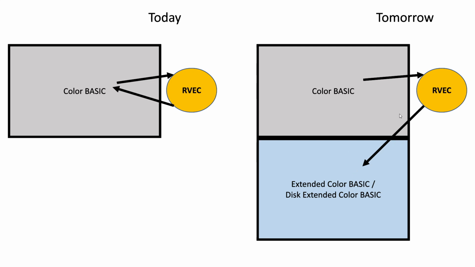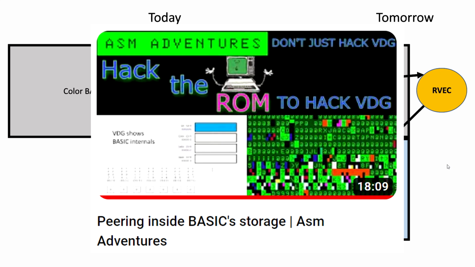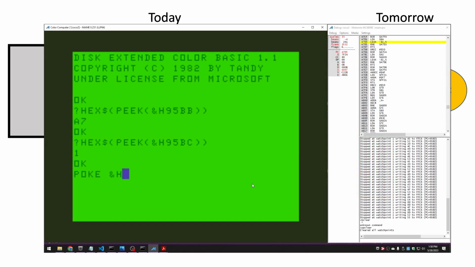Now you might be asking, what does this have to do with making the VDG stick with where it's at rather than changing back and forth? Well, the answer to that you actually saw in a past video. In this video where I hacked the ROM to hack the VDG, I was changing bytes that would change the start address of where the video memory was, and I changed that in the ROM.